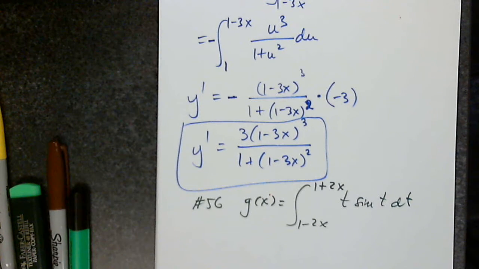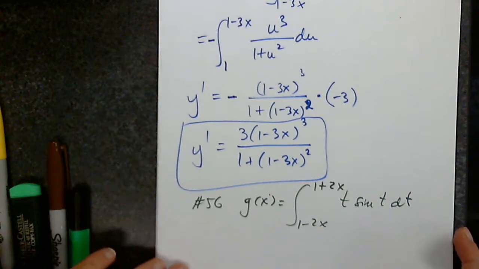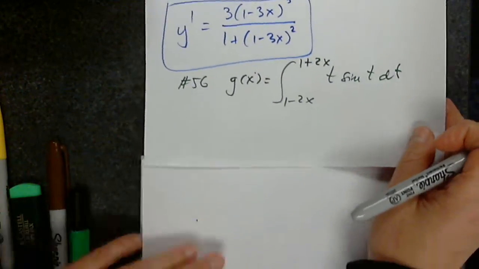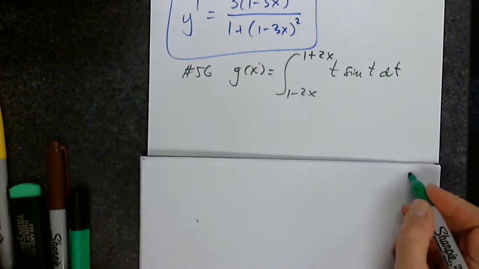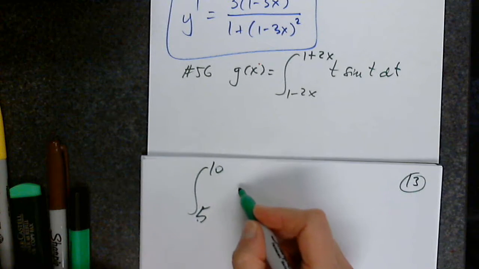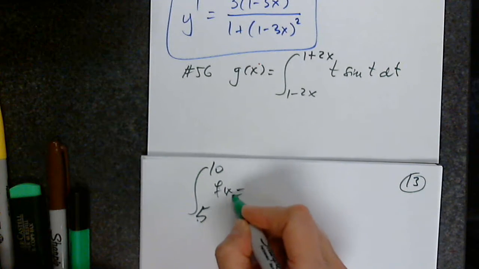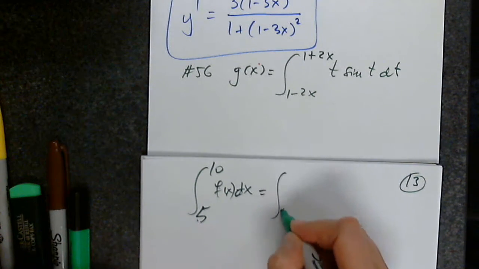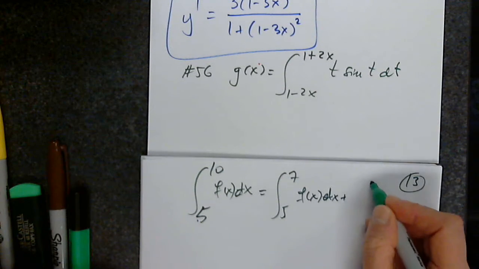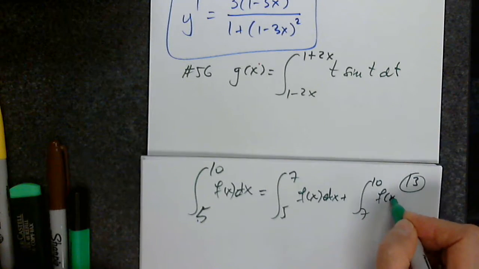And now you could say, or you should say, wait a minute, where is the constant here? And I will answer in the following way. We know the definite integral has a property that the integral from 5 to 10 of f of x dx is the integral from 5 to 7 of f of x dx plus the integral from 7 to 10 of f of x dx.